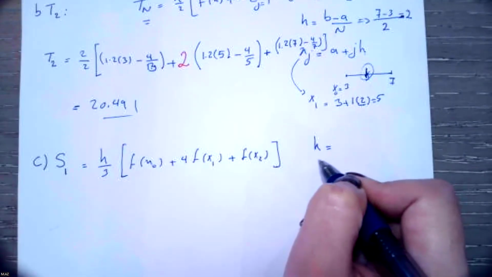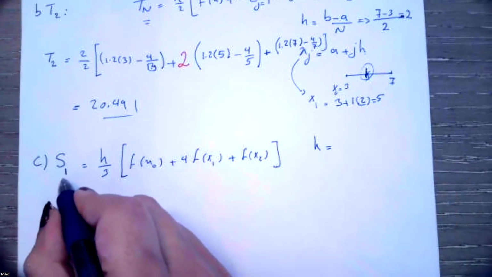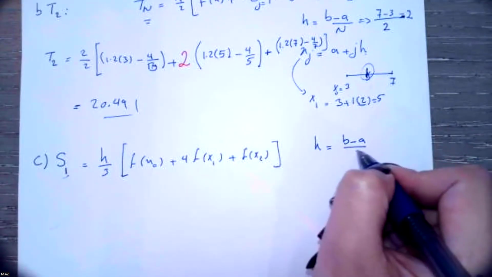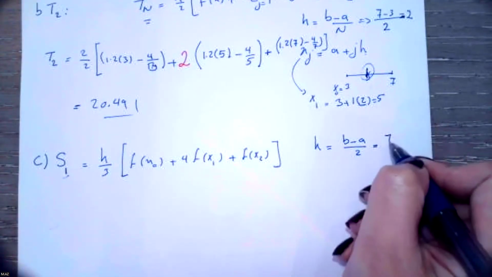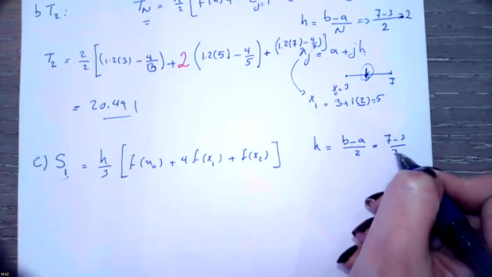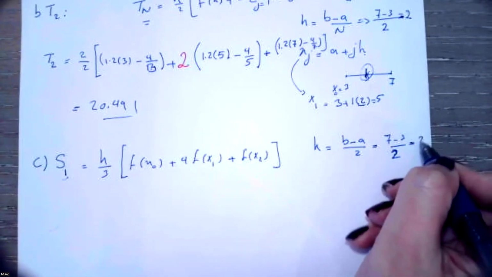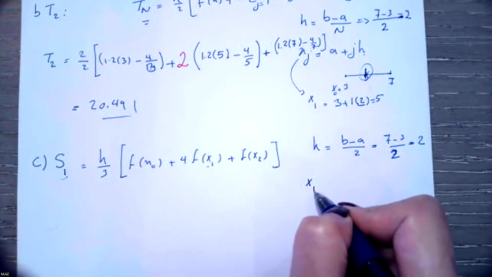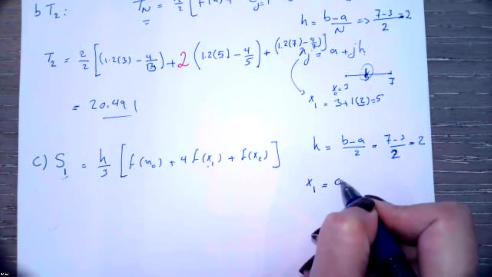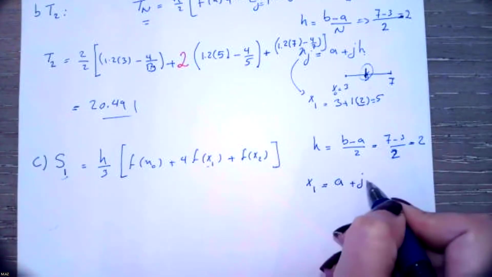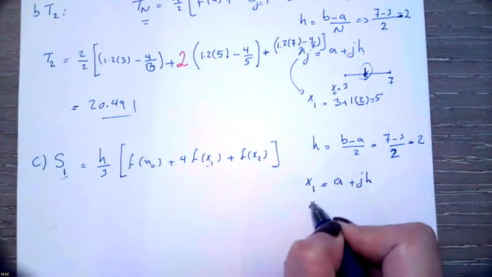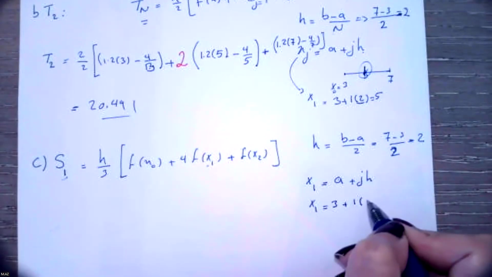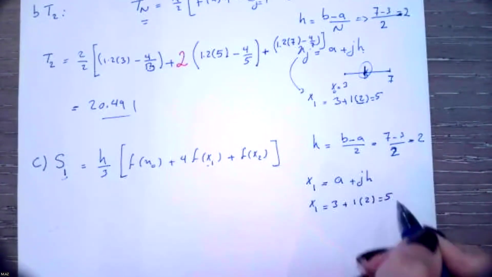The h for the single panel of the Simpson is found by b minus a over 2, which is 2. And what is the value of the x1? The x1 is a plus jh, 3 plus 1 times h, which is 2.